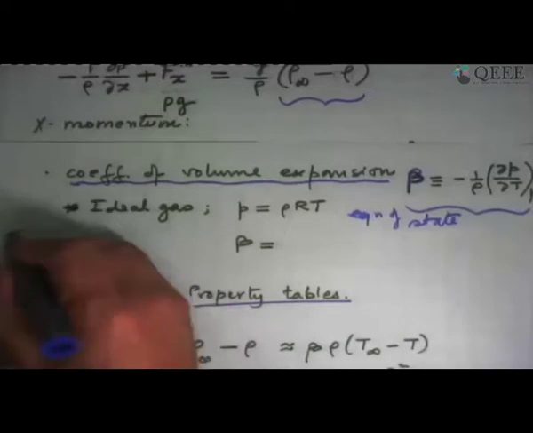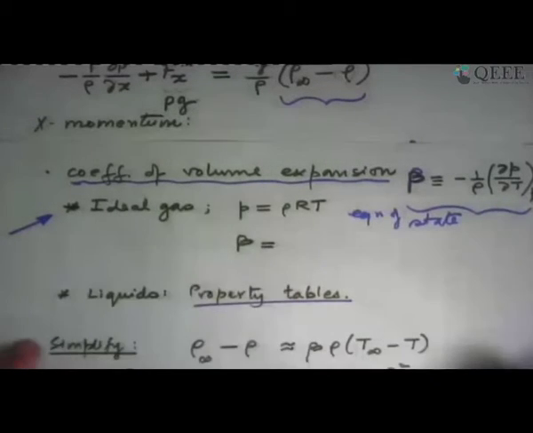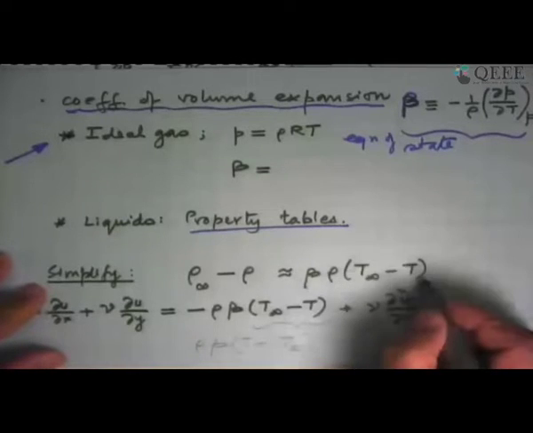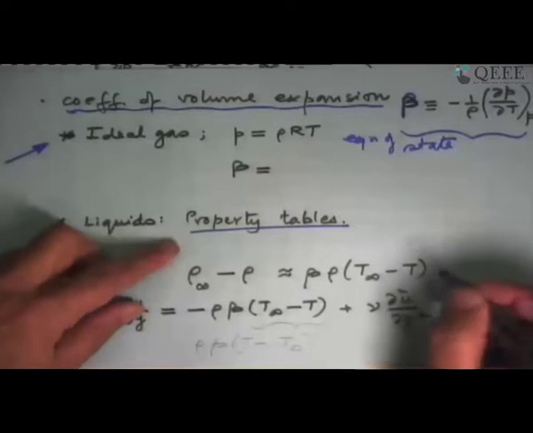What we will do now is look at it in general and approximate it by the ideal gas type of dependence. So rho minus rho infinity is almost like beta times rho times T infinity minus T, which came from this equation. Okay, so this is what we have ended up getting.